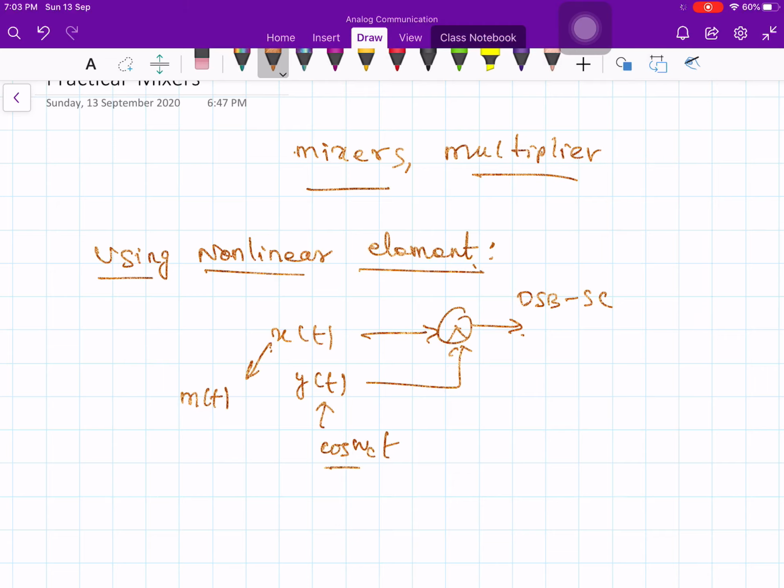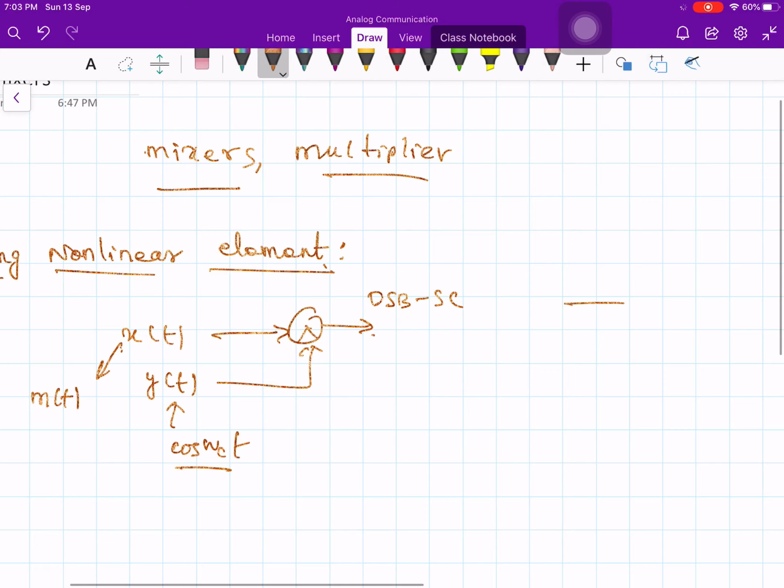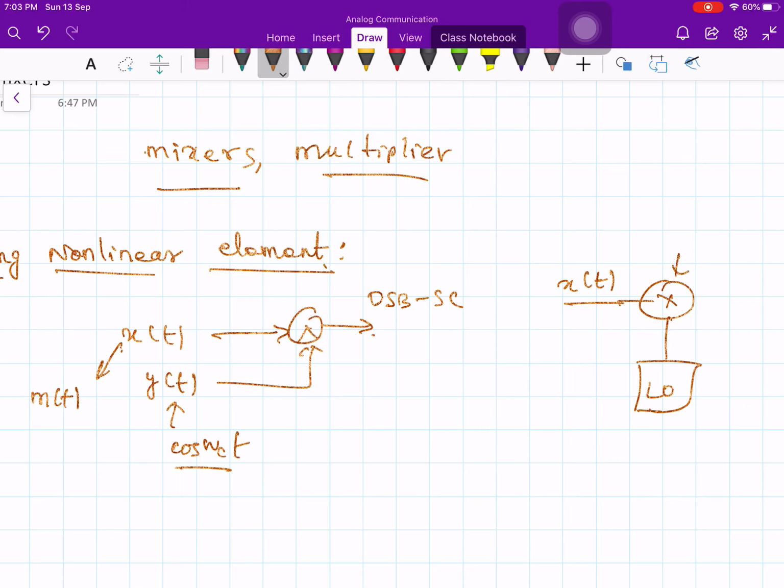The carrier and the message signal both are multiplied to get the DSB-SC. Or in the receiver, the incoming signal x of t is multiplied by the locally generated oscillator signal. There also you put a multiplier. So these are the kind of things that we want to do.